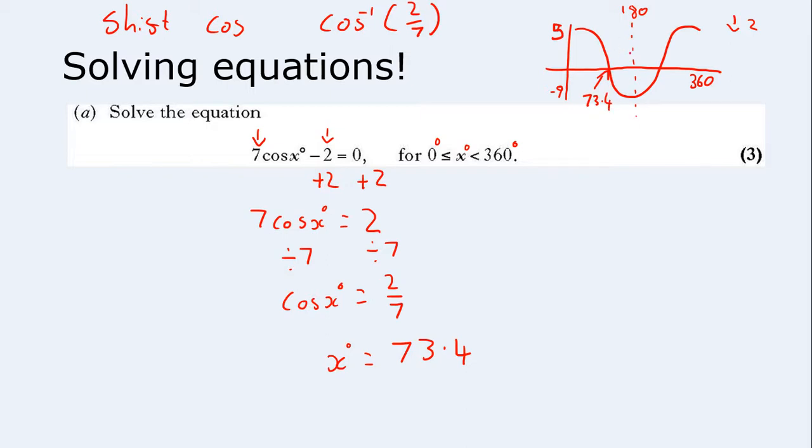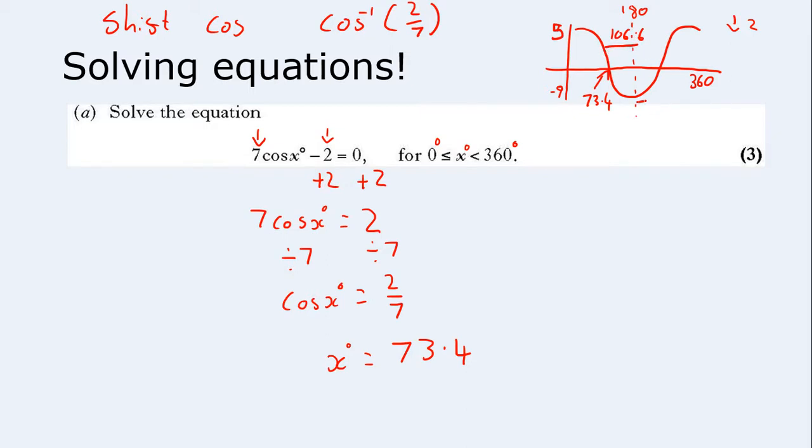Okay? So again, we're going to use symmetry. How far away is that from 180? So again, we're just going to do 180 take away 73.4, and that distance there is 106.6. Okay, so that distance is 106.6.